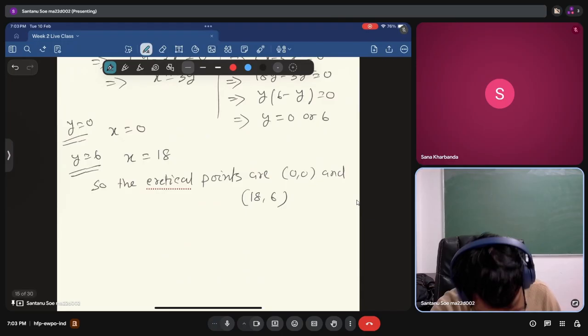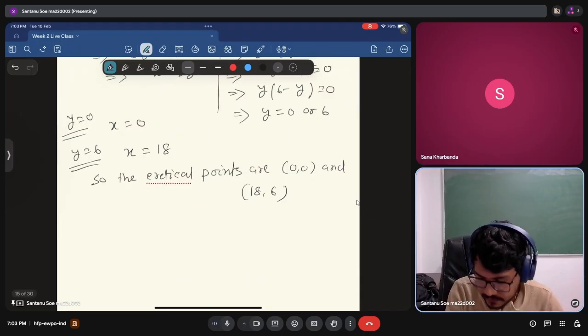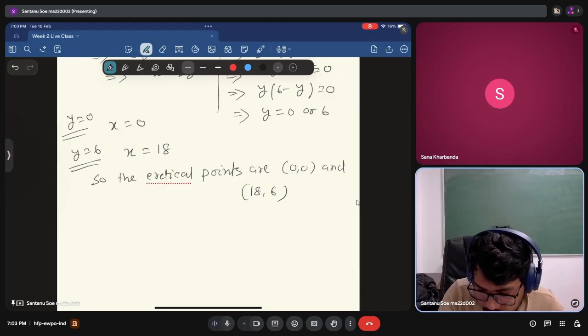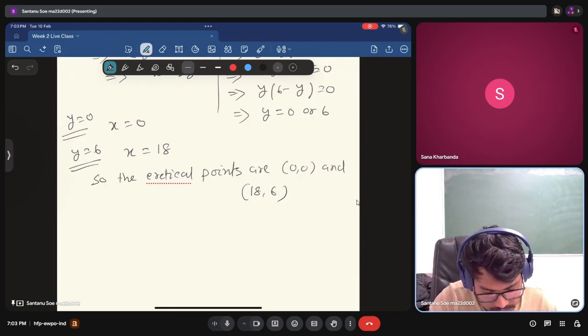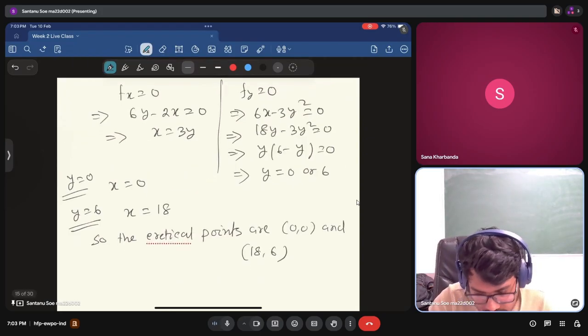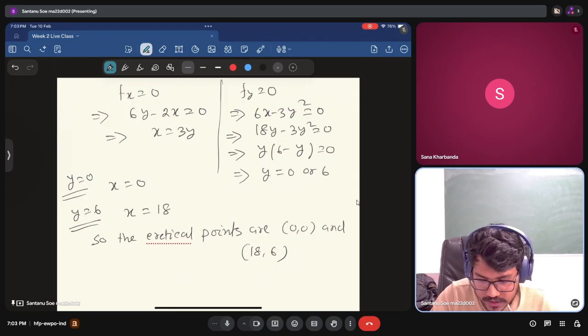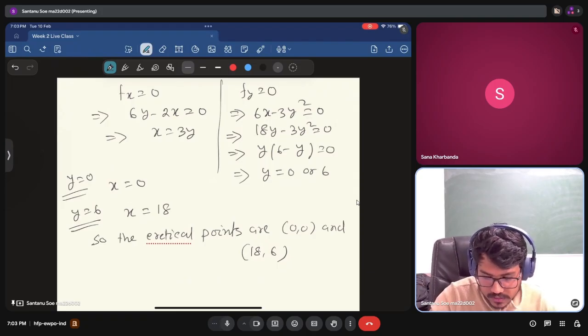Okay, so now to check what are the points of local minima or maxima. So local extrema means either local minima or local maxima. So that's why it's called the extremum points. Okay, so it's combined, it's called extrema.